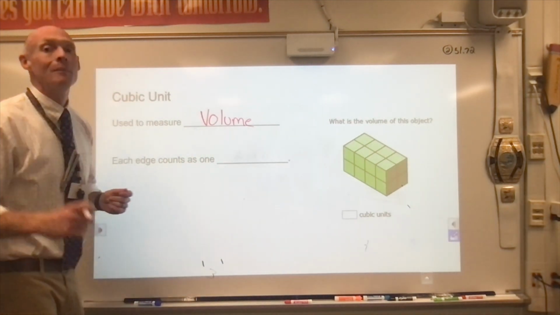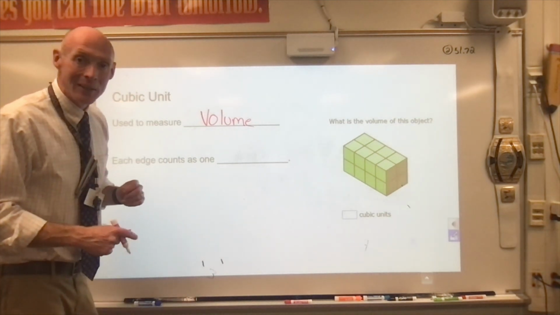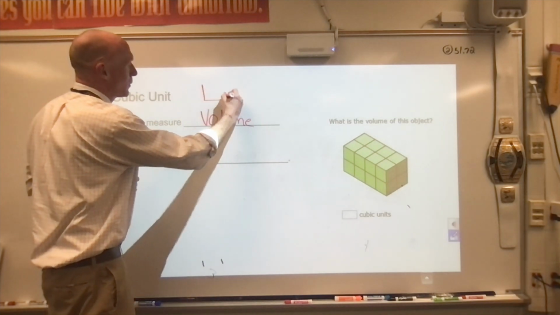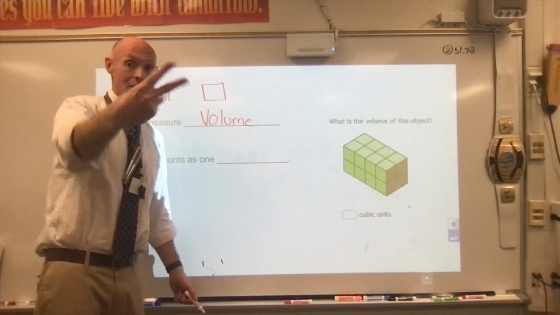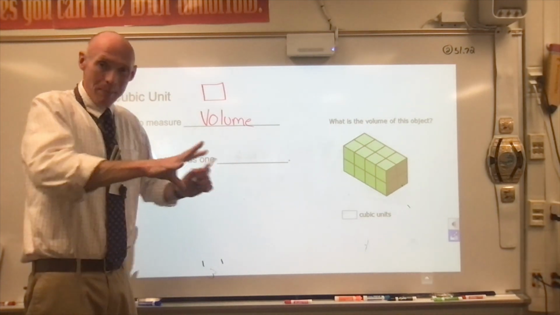Now, let me give you a little art lesson. Ready? We're going to build a cubic unit. Follow me. Start with a square. That's a two-dimensional object, meaning it's got a face, but that's it. There's no depth to it.